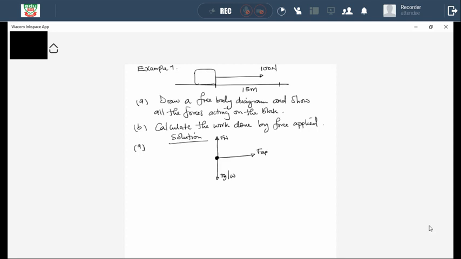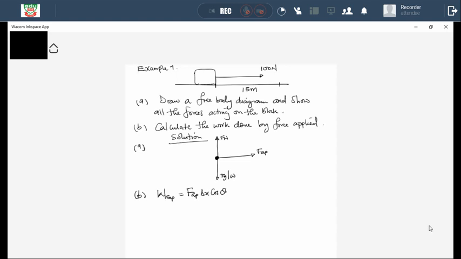Then I move on to item number B, which says calculate the work done by force applied. Right. How do I calculate work done by force applied? The formula says work done by force applied is equals to the magnitude of the force applied multiplied by the displacement multiplied by cos theta.